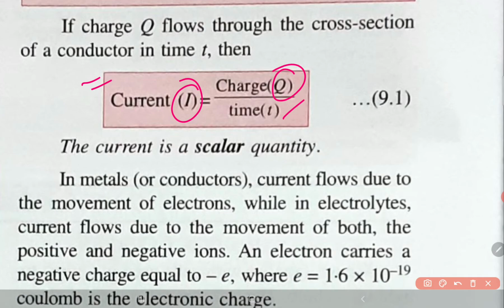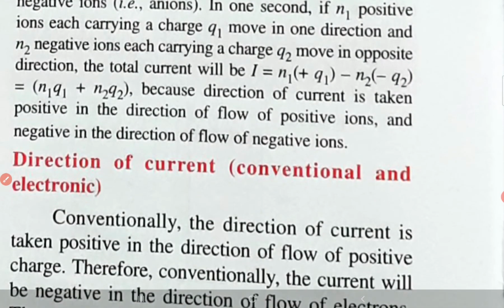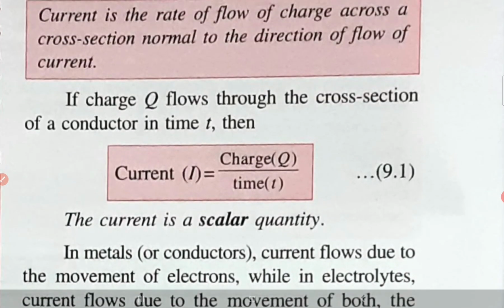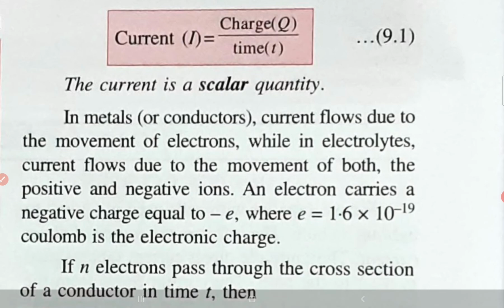Now current is a scalar quantity, because it should not have direction, the direction gets cancelled out. We shall understand when we discuss the direction of the flow of current, and we can also understand by this factor here.